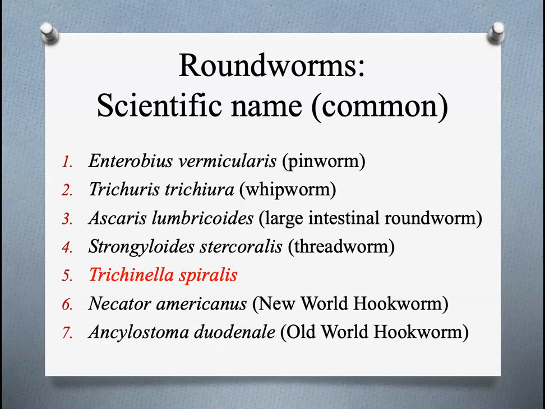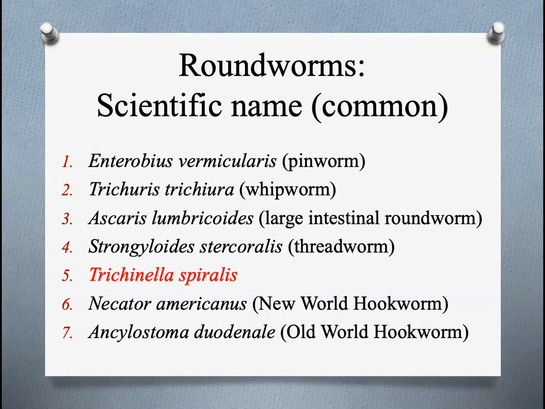The first one we'll be talking about is Enterobius vermicularis, also known as the pinworm. Then Trichuris trichiura, also known as the whipworm. Ascaris lumbricoides, also known as the large intestinal roundworm. Strongyloides stercoralis, also known as the threadworm. Trichinella spiralis is in red, and it's unique because you'll notice there is no common name for it.